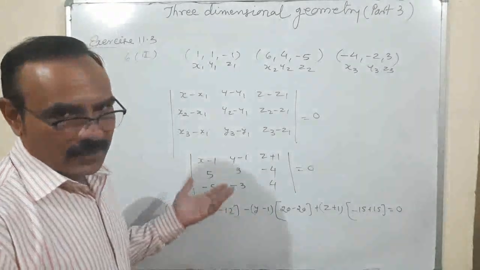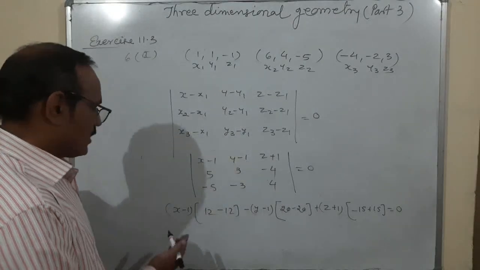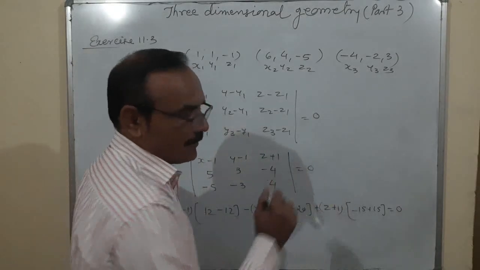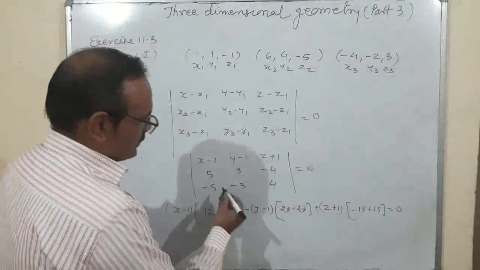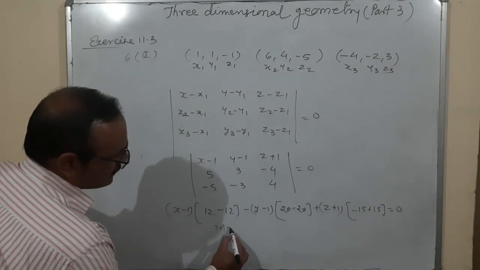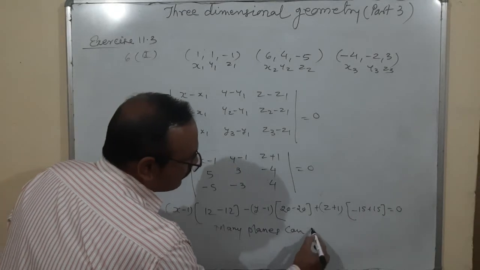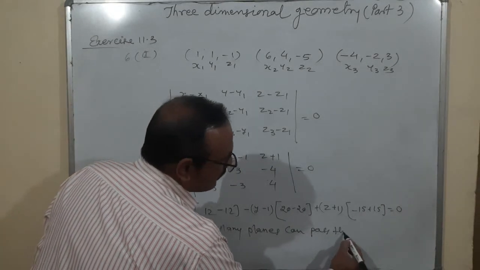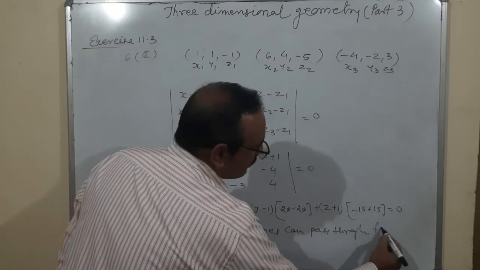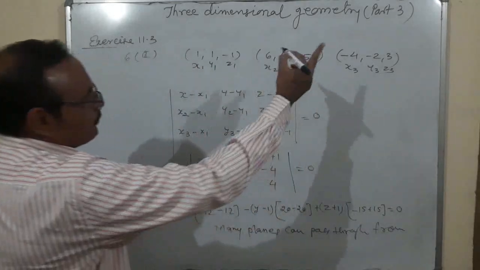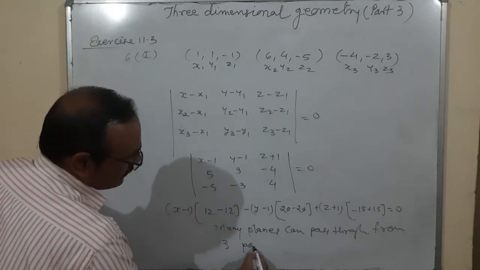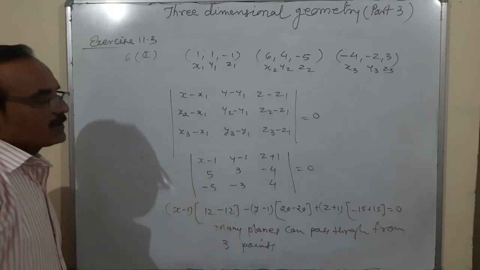And infinite planes can pass through them, because you can put any value in place of x, y, z. So many planes can pass through these three points. So that is the condition.